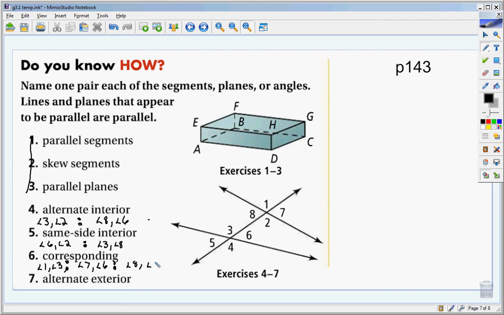Angle 5 is corresponding. And angle 2 would be angle 4. Alternate exterior. 1 and 4 would be one pair. And the other pair would be angle 7 and angle 5.